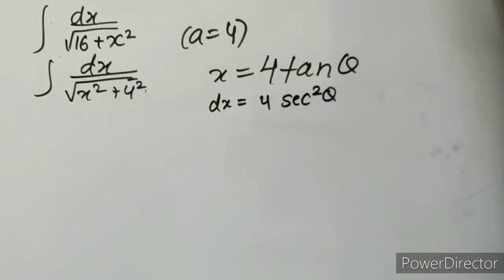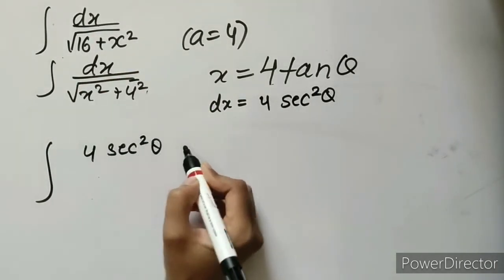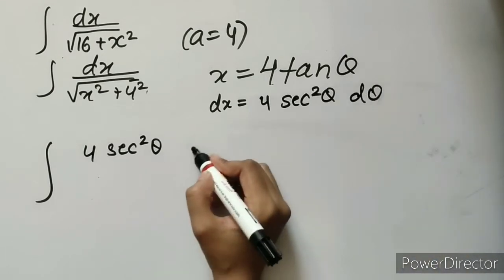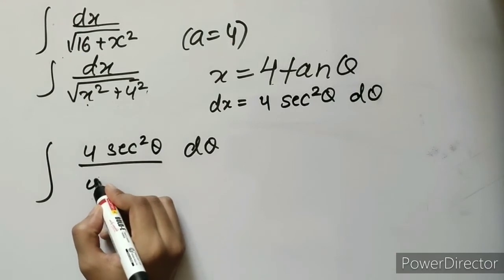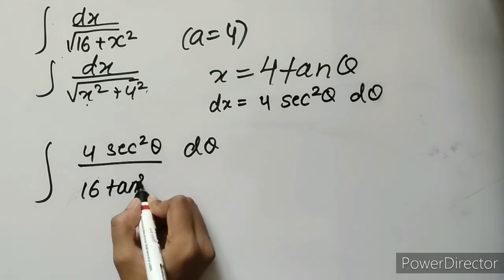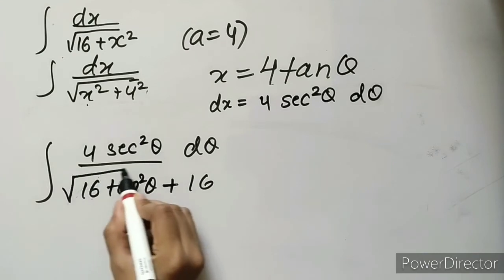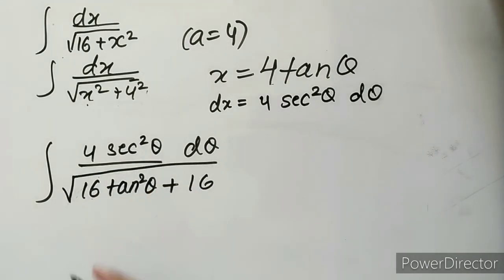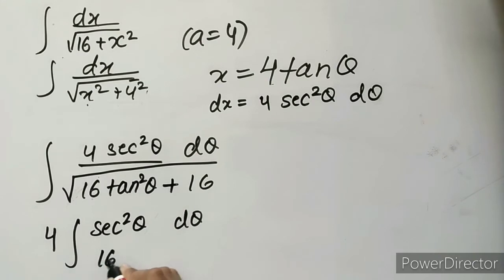Now let us just put the values. It will be dx is equal to 4 sec square theta d theta, and in place of x you have to put 4 tan theta, and you have to square it, so it will be 16 tan square theta. 4 square is 16, and under root. I am taking this 4 out of the integral, so it will be 4 sec square theta d theta. 16 is common, so tan square theta plus 1.